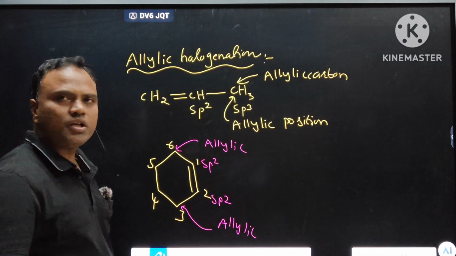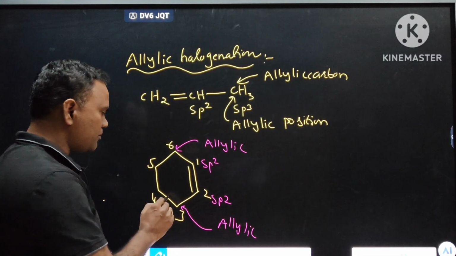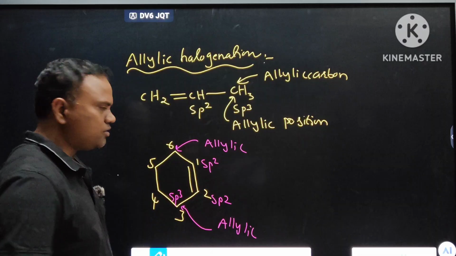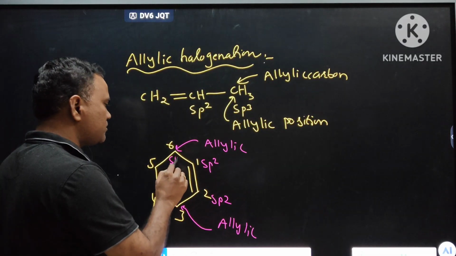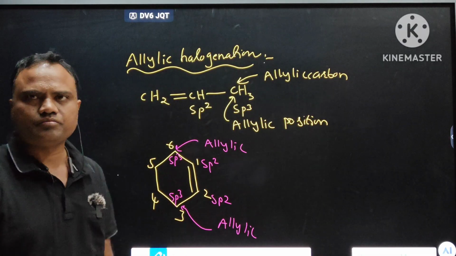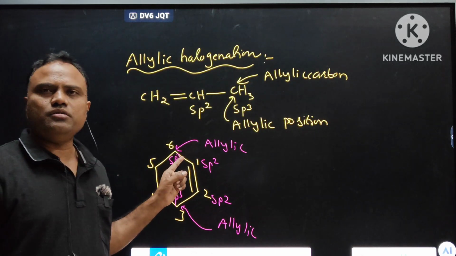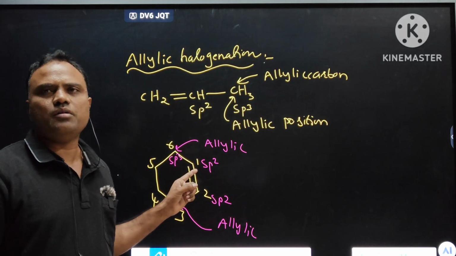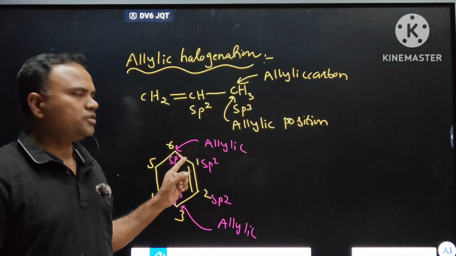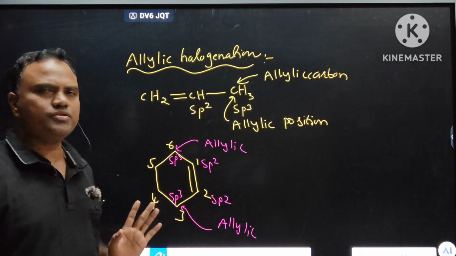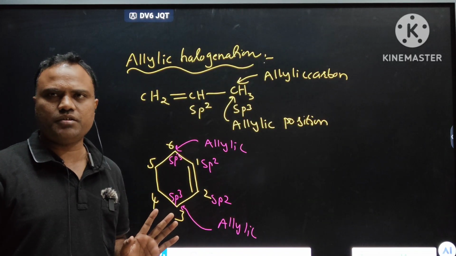What about the third carbon's hybridization? The third carbon is sp3. The sixth carbon is sp3. Right? If an sp3 carbon attaches to an sp2 hybridized carbon, that is called an allylic carbon. So here we have two allylic positions, right?